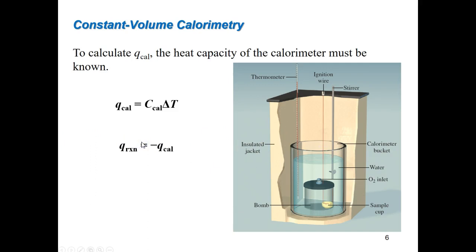And so the heat of the reaction is equal to minus the heat of the calorimeter. Remember, it's an exothermic reaction. The heat's being given off. That's why we have to have the negative sign for the calorimeter, because the heat from the reaction is exiting the system and going into the surroundings. And so the Q of the reaction is equal to minus the heat capacity of the calorimeter times the change of temperature.